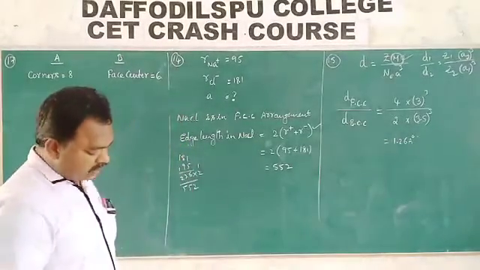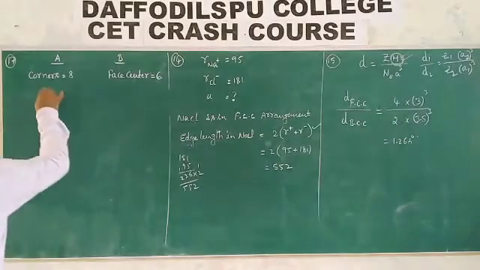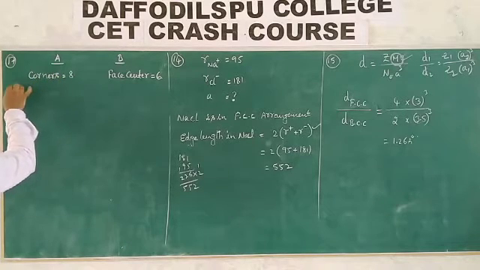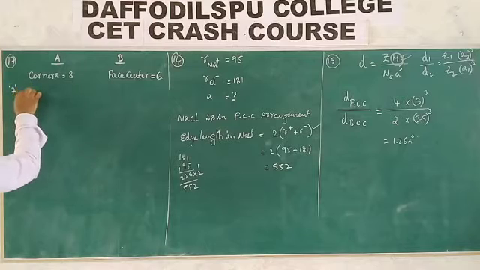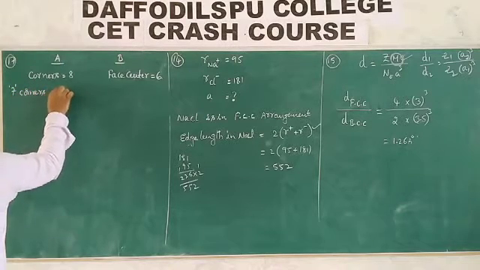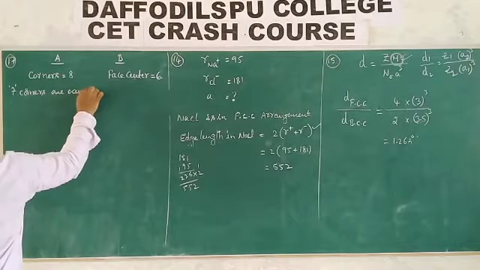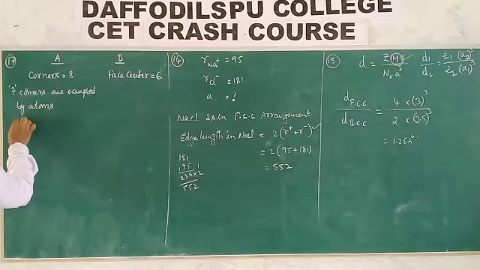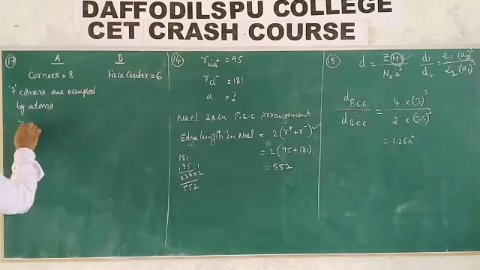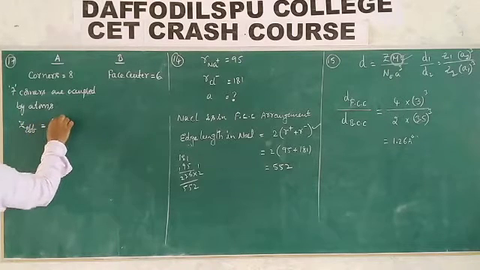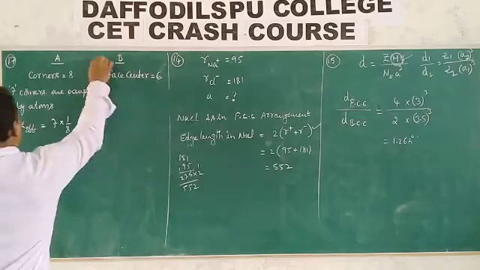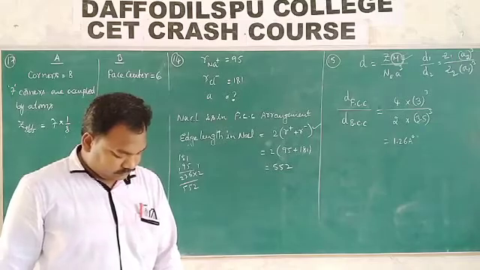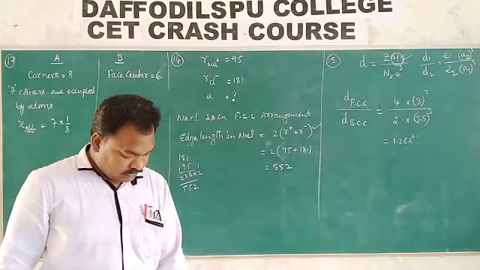One of the A atoms is missing from one corner of the unit cell. So total 8 corners are there. One corner atom is missing. So 7 corners are occupied by atoms. So Z effective in case of corners is 7 into 1 by 8. Next, what about the face center B atoms? Only face centers have B atoms.